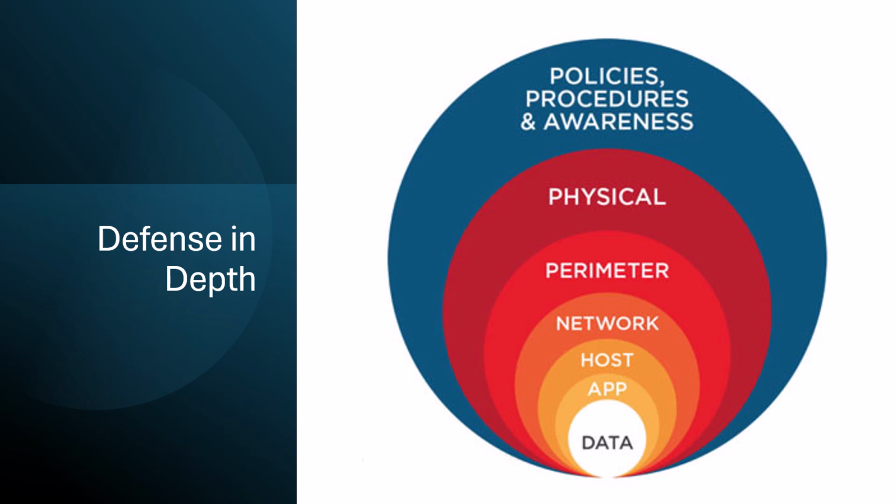Each layer addresses different types of threats and delays or deters attackers, increasing the chance of detection and response. Defense in depth reduces the likelihood of a single point of failure and strengthens the overall security posture of an organization against evolving cyber threats.